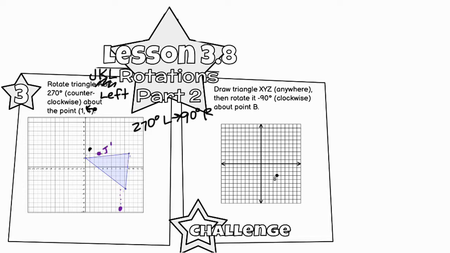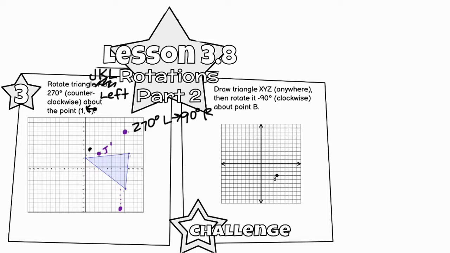And if I rotate that 90 degrees to the right, I'm going to be at 9, 8. I'm going to be right here. And then I can then go back to the actual point.